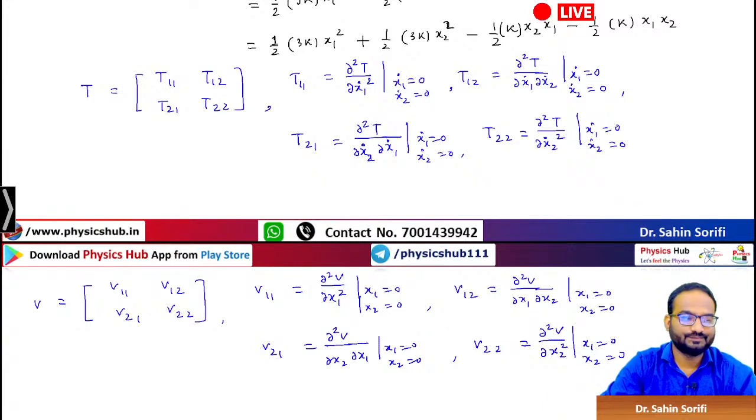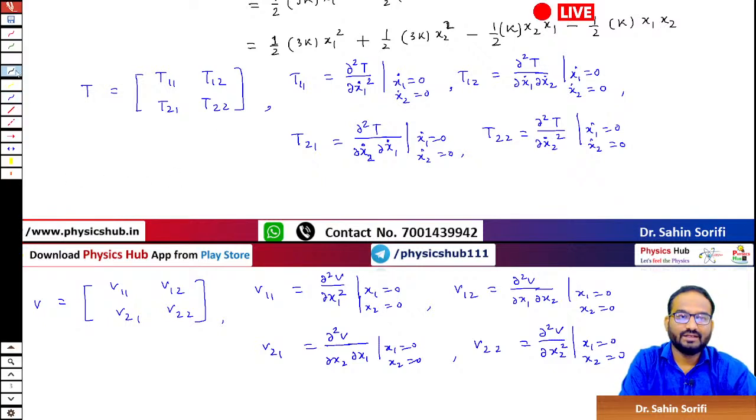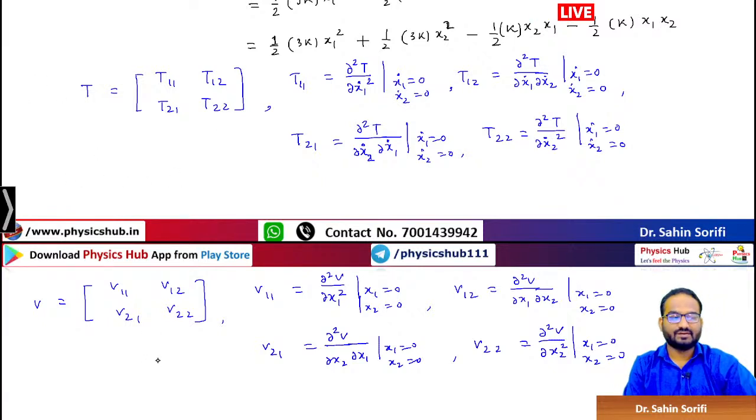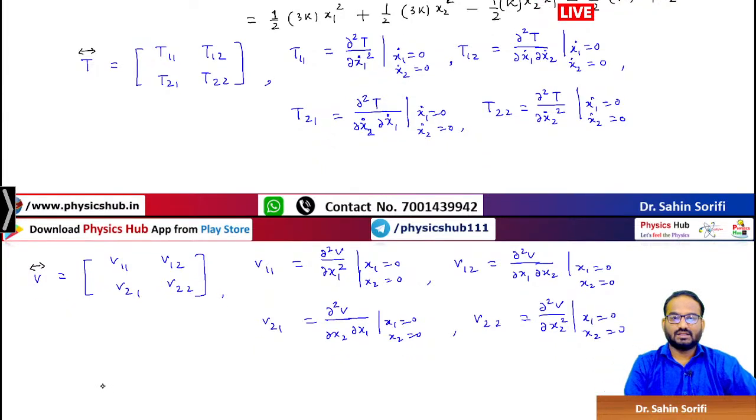Everything is all right. So for the present case, we can write this kinetic energy matrix. Sometimes people give a symbol like this. If you want to give, you can for the sake of formality, but just in an exam, for the present case, we can write the kinetic energy matrix: T11, T12, T21, T22.